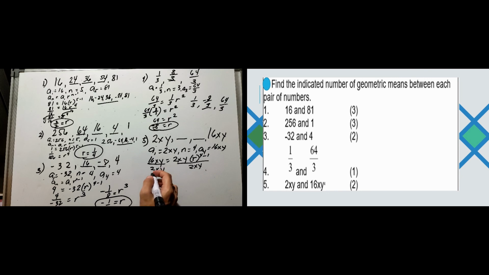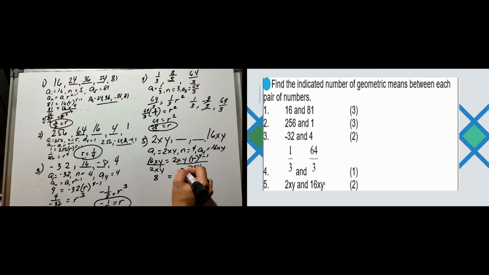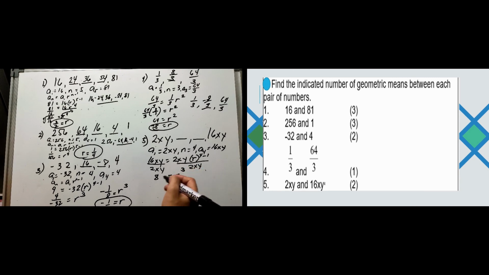So this will be 8. Then you're going to have r cubed. Cube root of 8 is 2. So the next terms for 2xy, we have 2xy times 2, 4xy, times 2, 8xy. So the geometric means for number 5 are 4xy and 8xy.